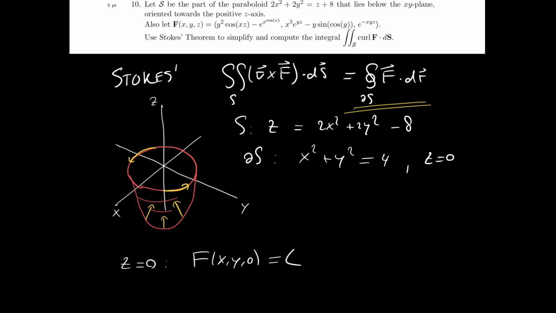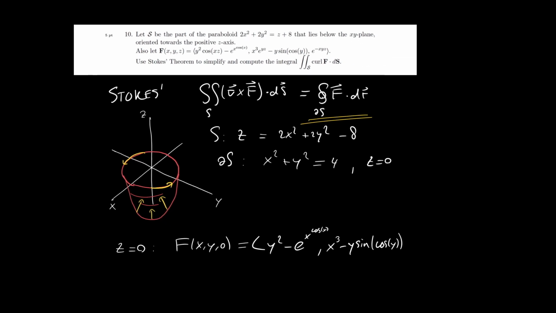It is going to be y squared minus e to the power x to the power cosine of x. Oops, that's not so easy. Comma x cubed minus y sine and then cosine of y. That's also not very simple. And then the z component is going to be just 1.